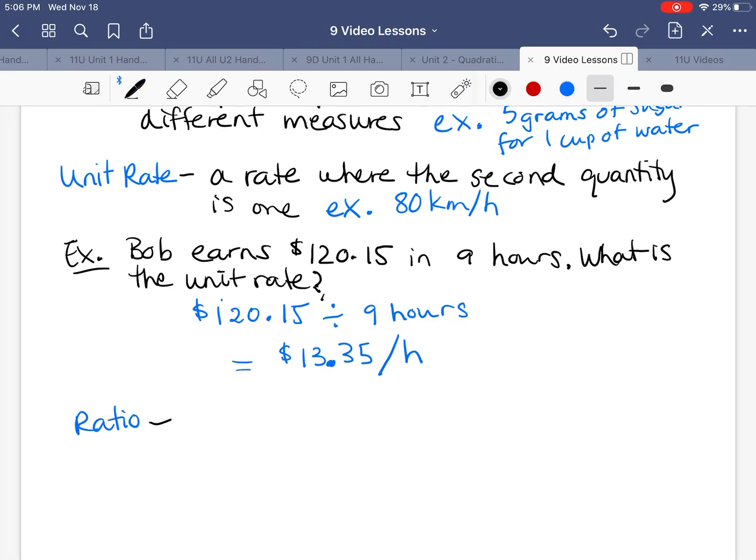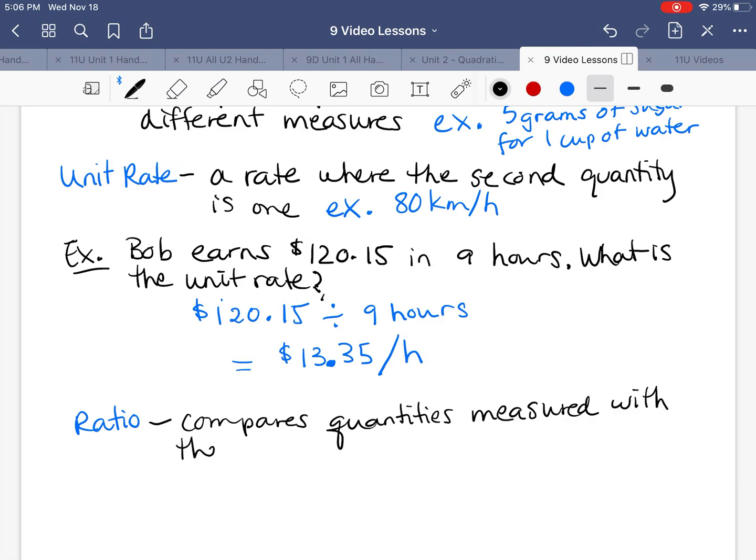Now, a ratio compares quantities measured with the same units. So feel free to pause the video at any time to just write things down. Obviously, I have written some down in advance and some down as we go. So we're comparing the same quantities, or the same units.